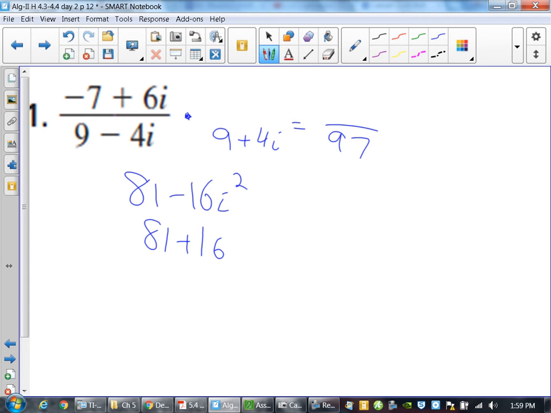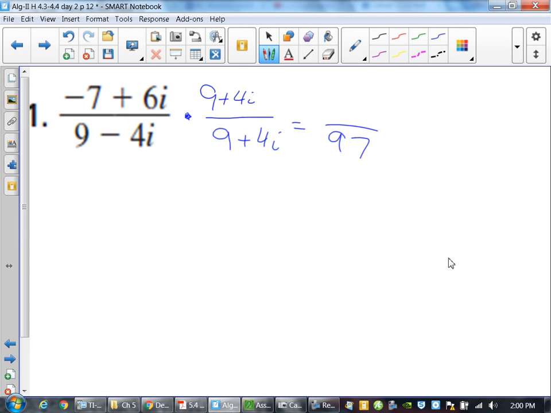Numerator, though, unfortunately, there is not a shortcut. You actually have to do the math. So when you FOIL that out, we're going to get negative 63 minus 28i plus 54i plus 24i squared.